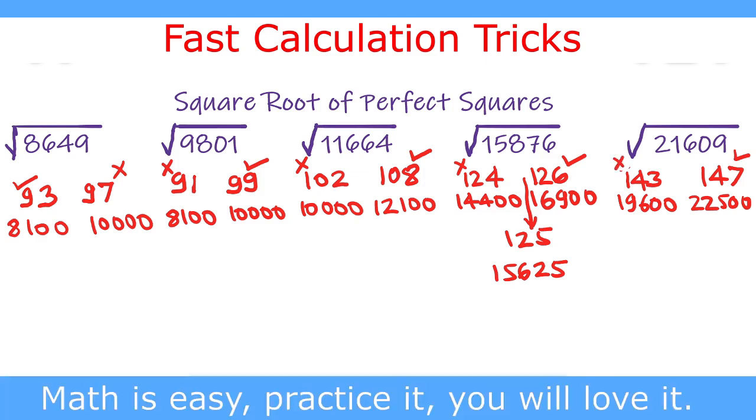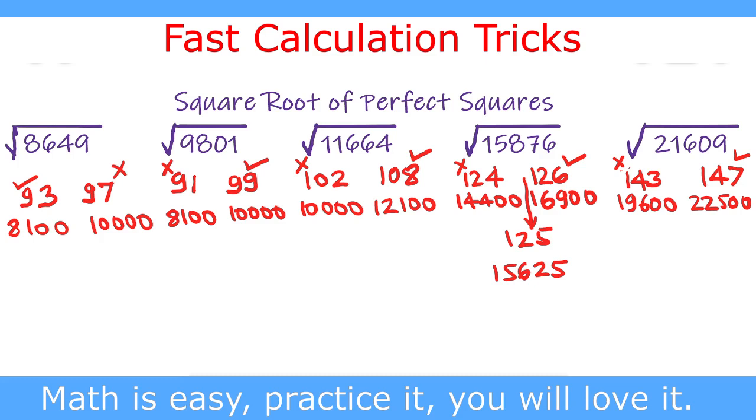Finding the square root of given numbers, the short trick which we have used is the fast method to find the square root. The other method is the long division method, which is going to take a lot of time. Hence we should adopt this method, and this way we can find the square root within a few seconds of the given number.